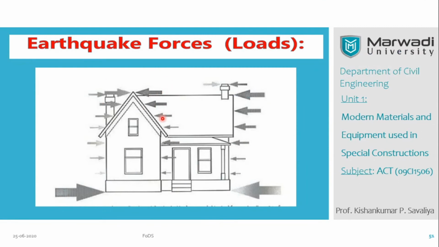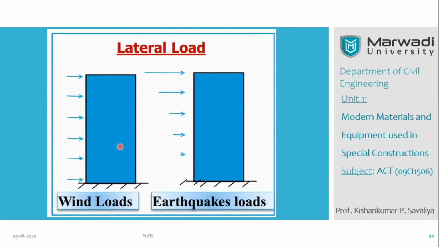This figure also gives you a basic idea. Maximum force at the bottom; here you can see at the ground level. Now if we compare the wind effect and the earthquake load, here you can see the wind is uniformly distributed over the surface area of a particular building.